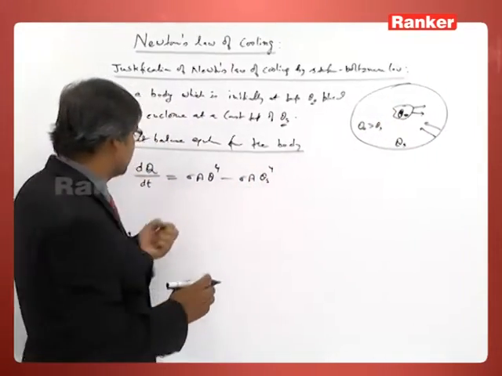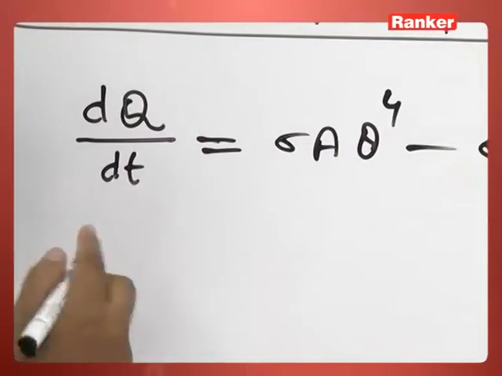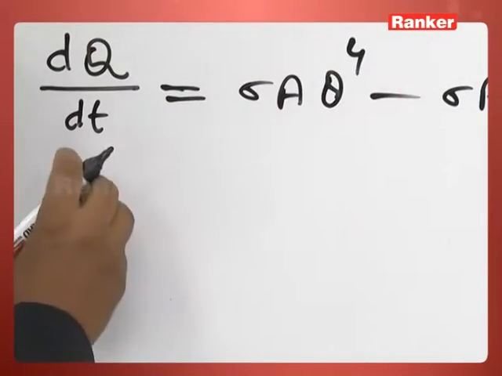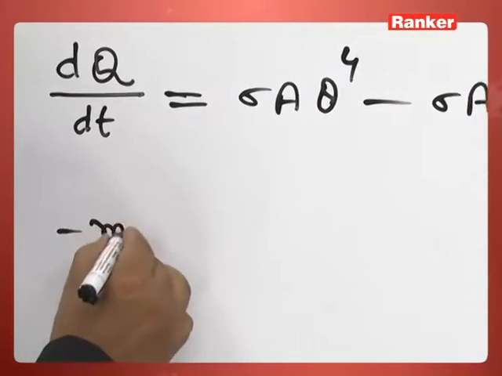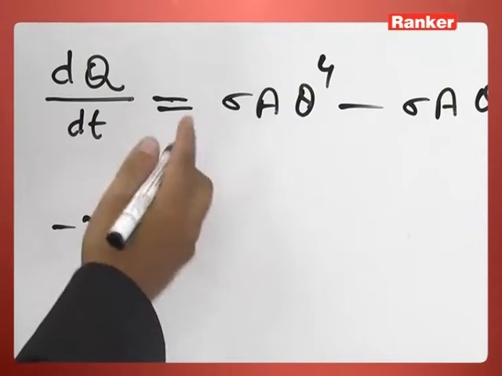from the enclosure. So, dq, when you take some amount of energy dq, then when you radiate it, temperature decreases by mass into specific heat into the decrement in temperature.